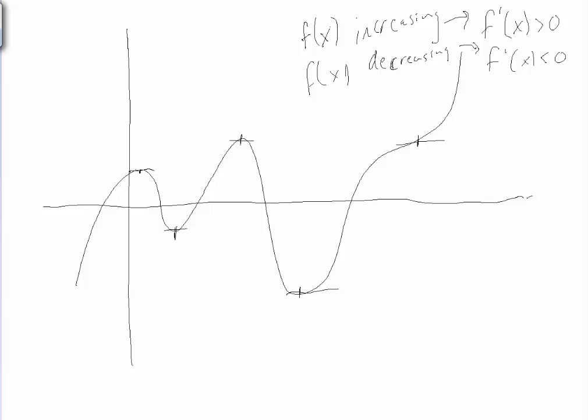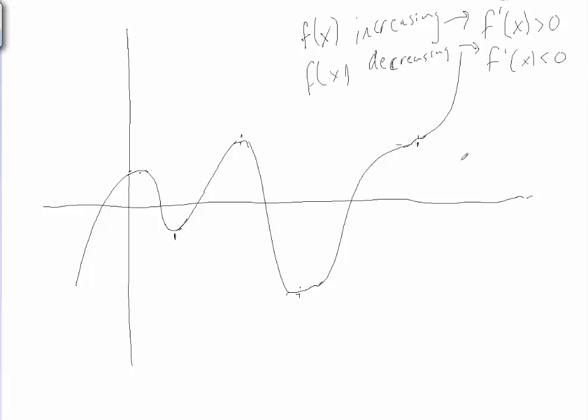All those places we're going to have a slope equal to 0. All right. So if we go back to our original graph, we can find these critical points, or the places where the tangent is 0, simply by finding the derivative, setting it equal to 0, and then solving for x. So we can find increasing values, derivative greater than 0, derivative less than 0, and where the derivative is equal to 0.